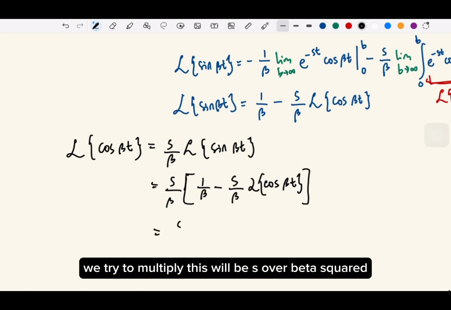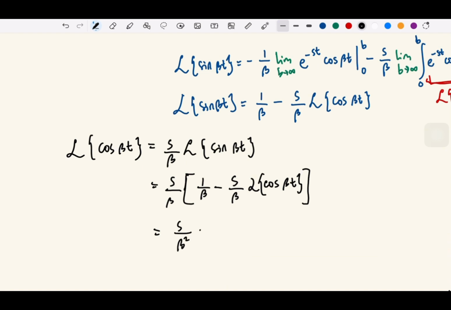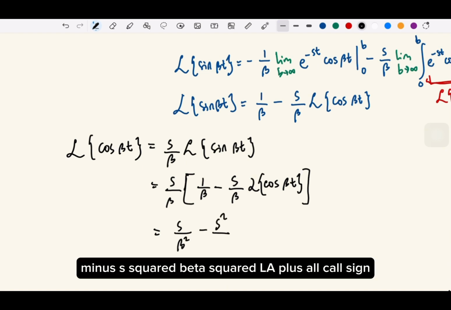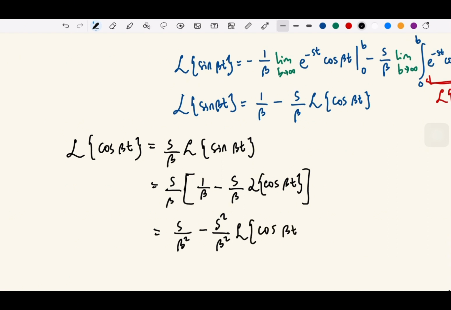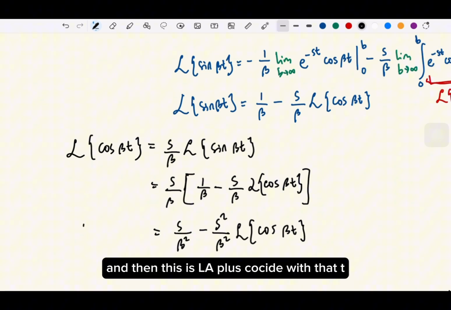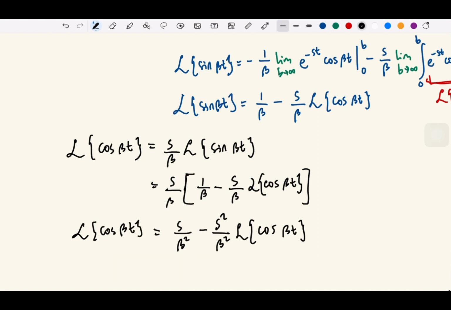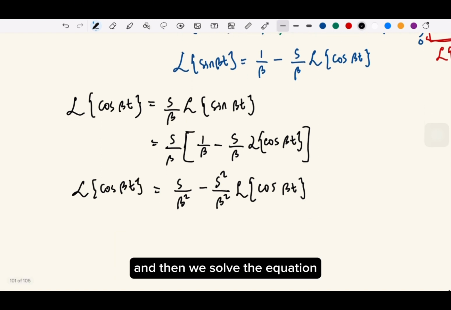This will be s over beta squared minus s squared over beta squared Laplace of cosine beta t. Okay, and then this is Laplace of cosine beta t.